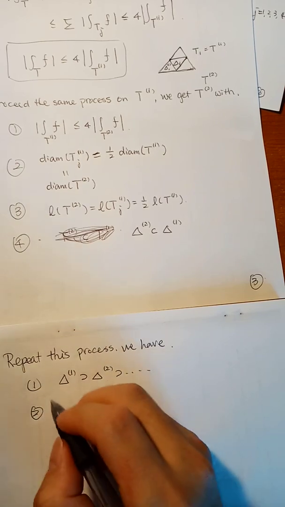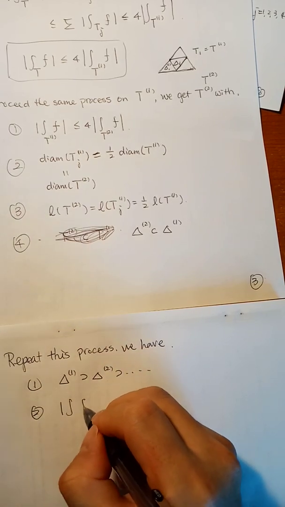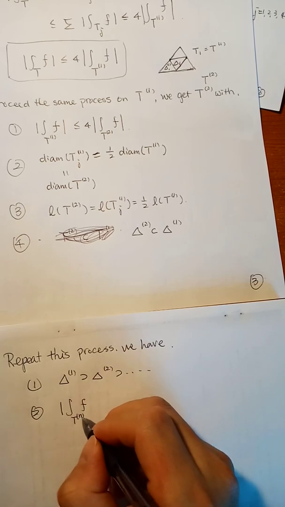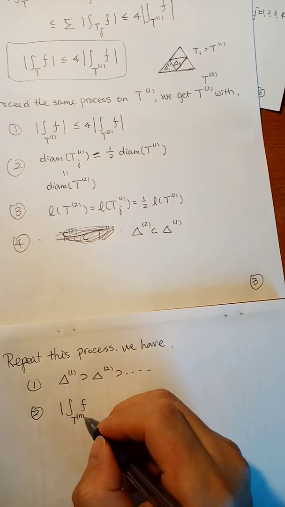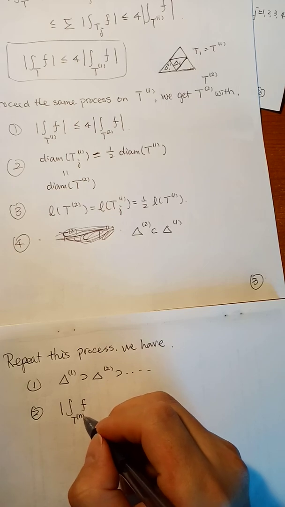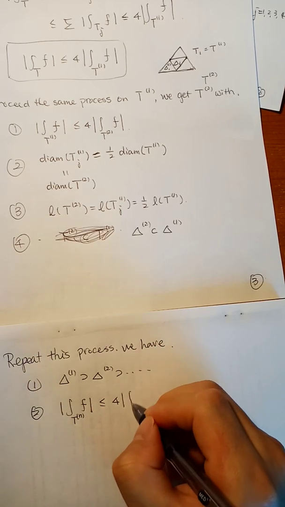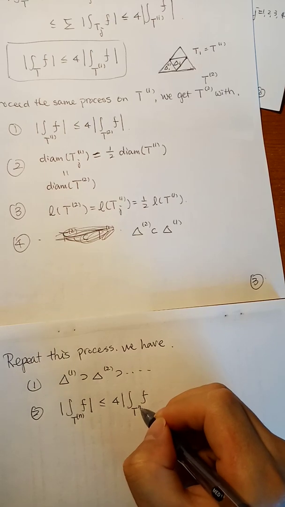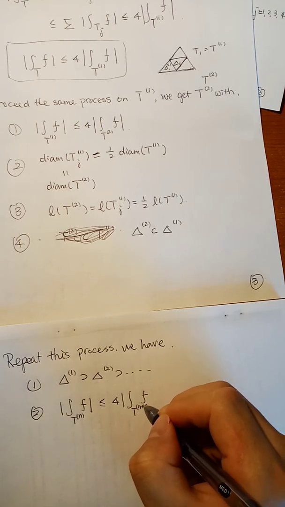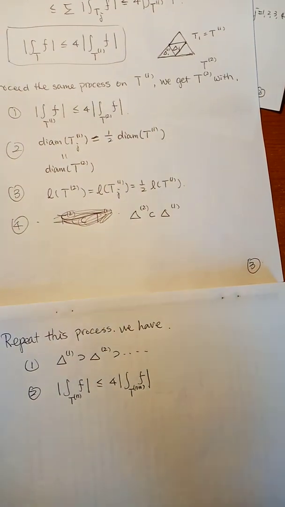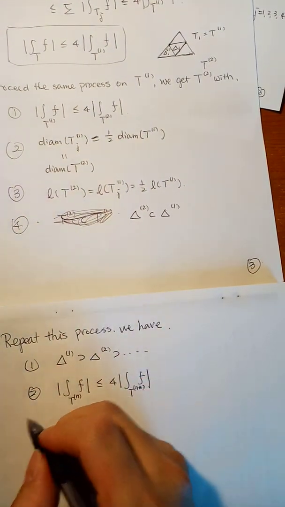And second, the integral over the nth level is less than or equal to 4 times the integral over the next level. We always pick up the triangle with the greatest absolute value of integral.